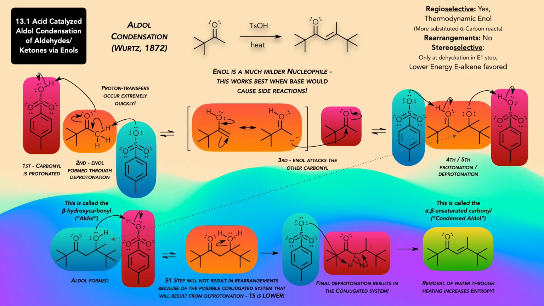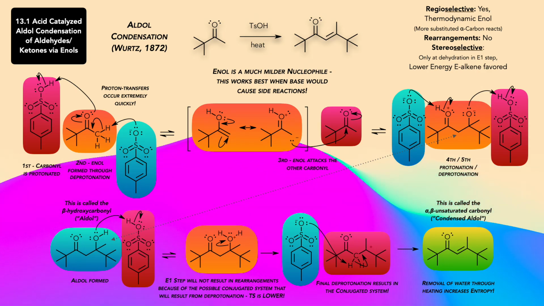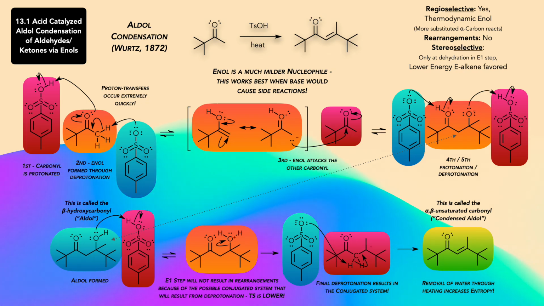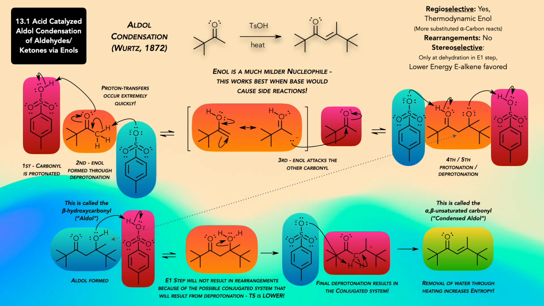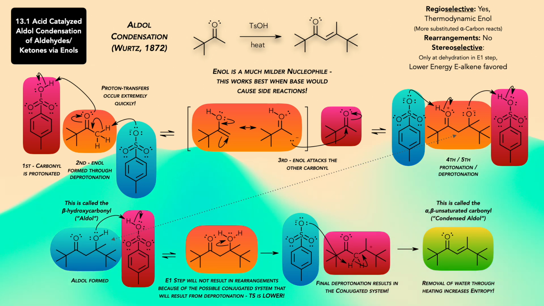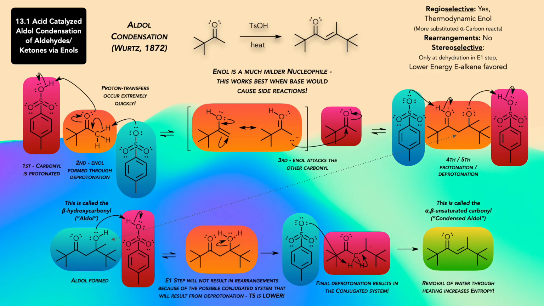When the mixture is heated, water is eliminated, forming a conjugated alpha-beta unsaturated carbonyl compound. This dehydration step is typically E1-like because protonation of the hydroxyl group allows water to leave. The result is a conjugated pi system, which is thermodynamically favored.